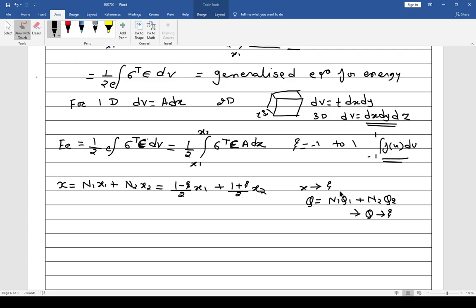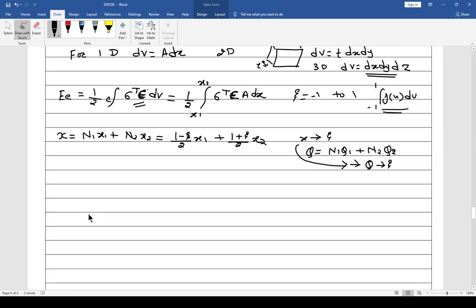So x is related to xi and q is related to xi, and therefore now I can establish the relationship between x and q. That is what I have to do to find the strain parameter. The strain parameter is dq by dx. That is my objective. Since x is indirectly related to q, I can find the relationship between x and q.